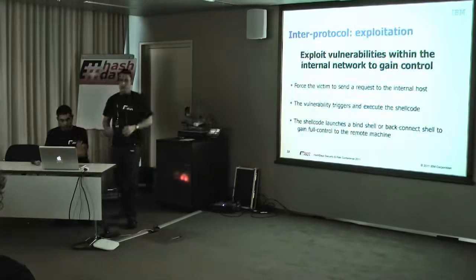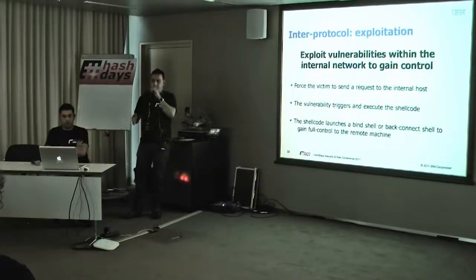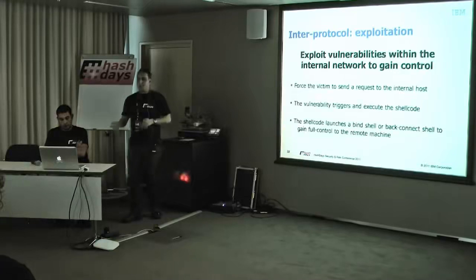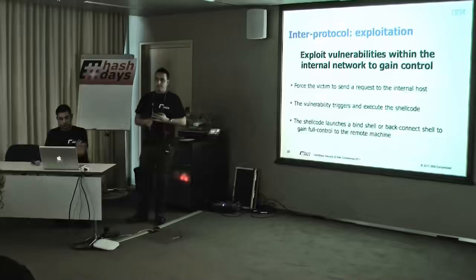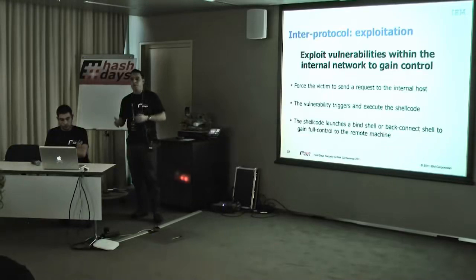But we not only can communicate with non-HTTP services, we can as well try to exploit them. As we have seen before, we can try to recognize if we are in front of an Apache server, and we can do a port scan, so we can map the ports to know what services are running.